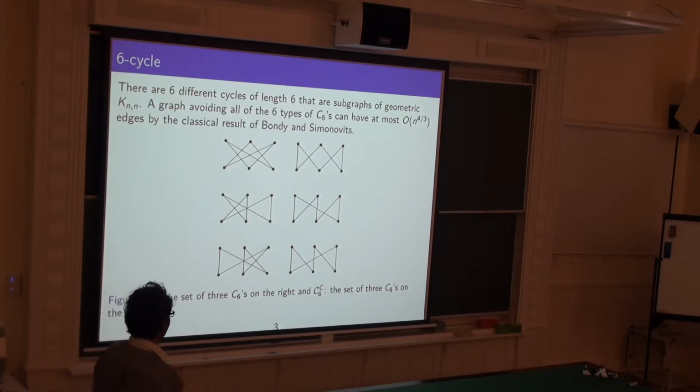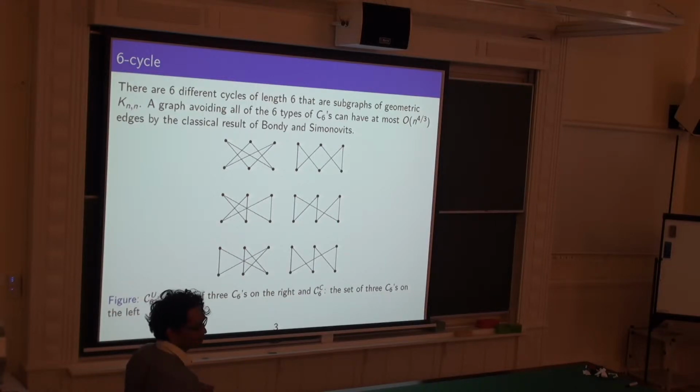Now the 3 cycles on the right have 2 uncrossed edges, and the ones on the left are just obtained by reversing the order of the top 3 vertices. So if we reverse the order of the top 3 vertices, then we would get this one. Similarly for this and similarly for this.